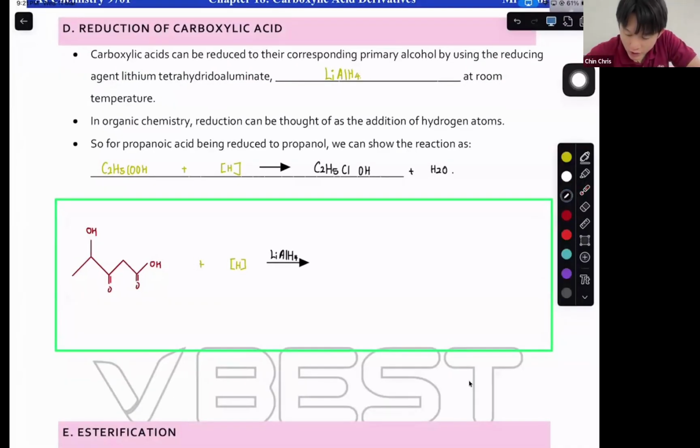Okay, you get a CH2OH. How many hydrogen are we adding? 1, 2, 3, 4, so 4H. That's it.